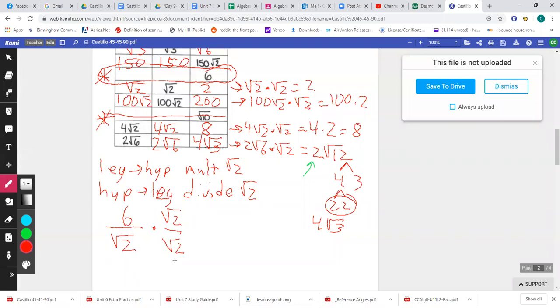Now, like I said, we don't want this radical on the bottom, so I'm going to multiply the top and bottom by radical 2. So what happens? Remember, like we've done many times here, on the bottom, root 2 times root 2 just becomes 2. And then the top becomes 6 radical 2.